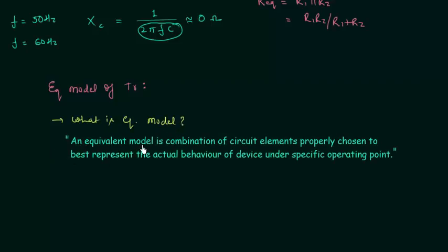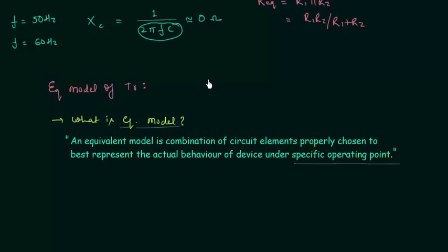An equivalent model is a combination of circuit elements like resistors, capacitors, etc., properly chosen to best represent the actual behavior of the device under a specific operating point. So this is the definition of an equivalent model, and we need to find out the equivalent model of the transistor because the use of an equivalent model is very important.